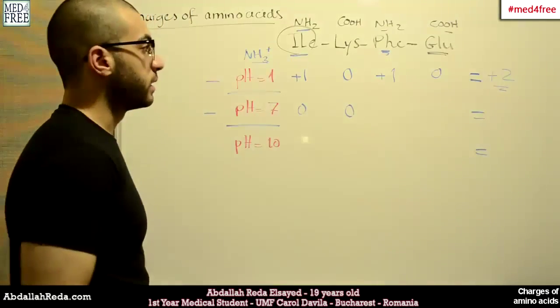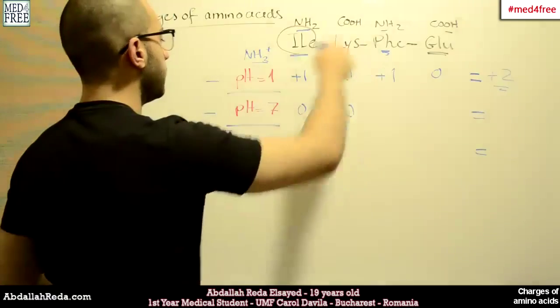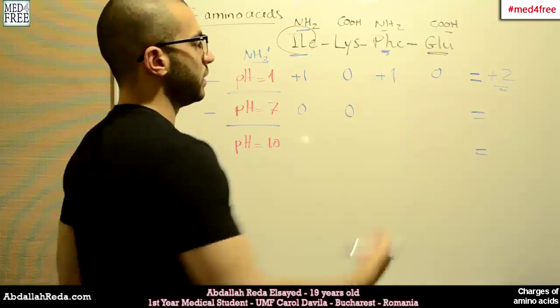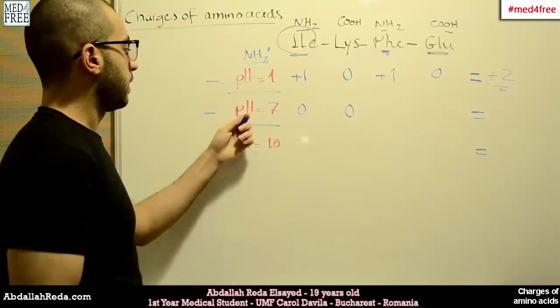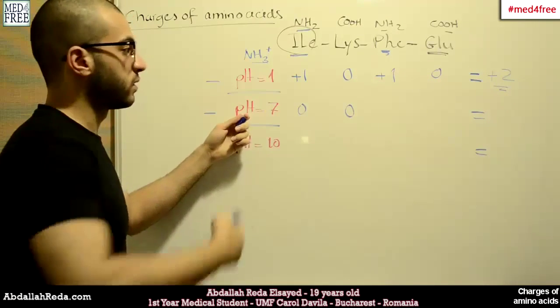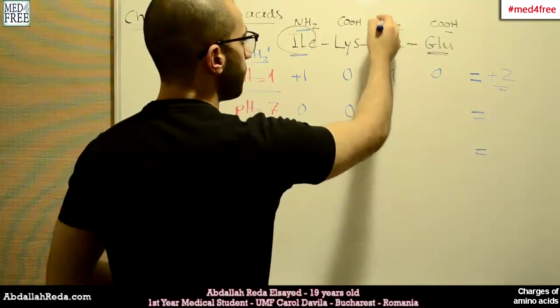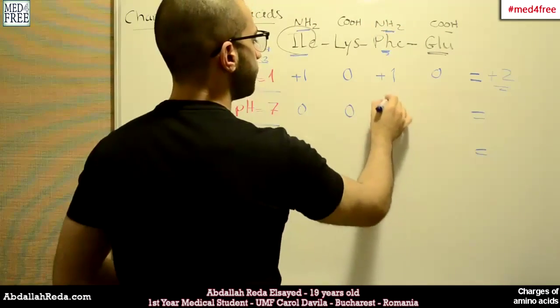Phenylalanine around 6. The pI is less than 7, so the protons will be lost because it will be kind of acidic compared to a pH of 7. So the protons will be lost and donated to the medium. So we will have 0 charges.